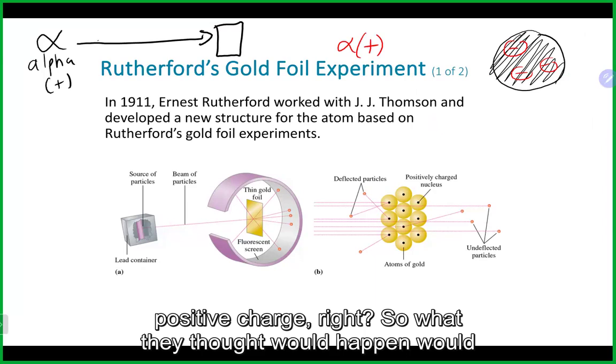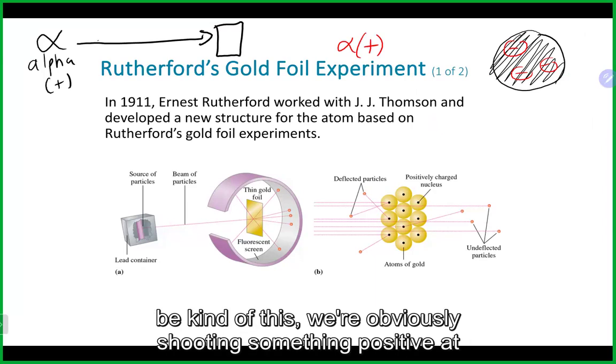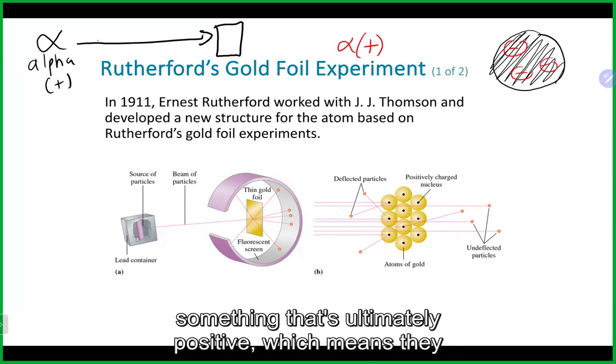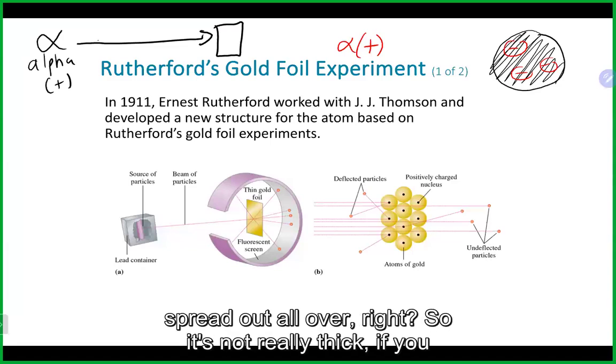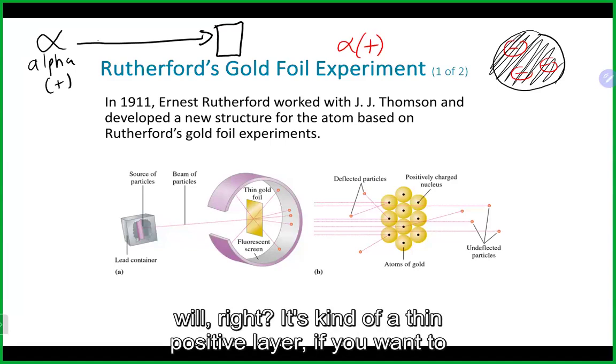We're shooting something positive at something ultimately positive, which means they should repel each other, except that the positive charge is spread out all over. So it's not really thick. It's kind of a thin positive layer.